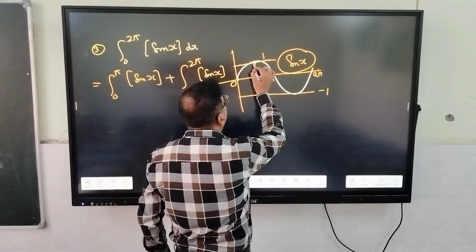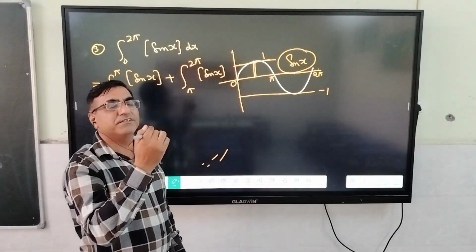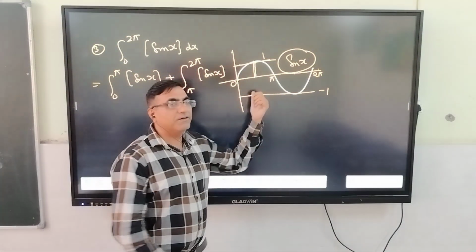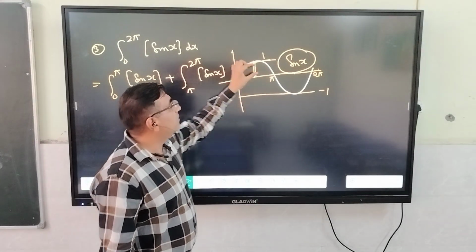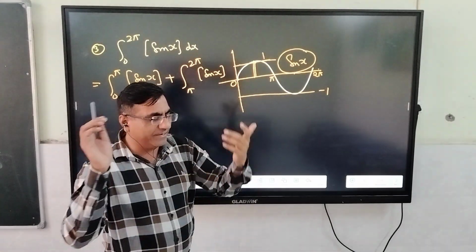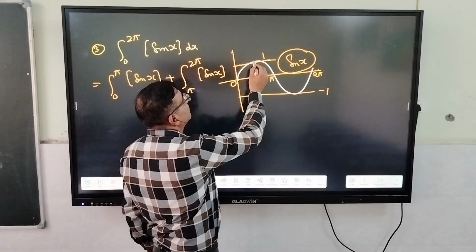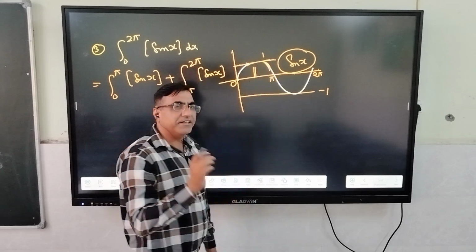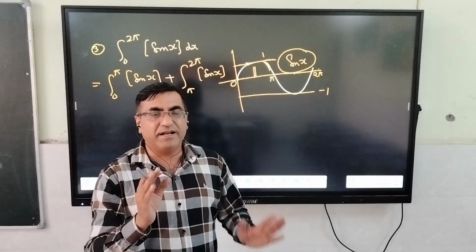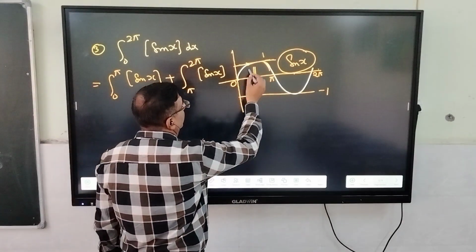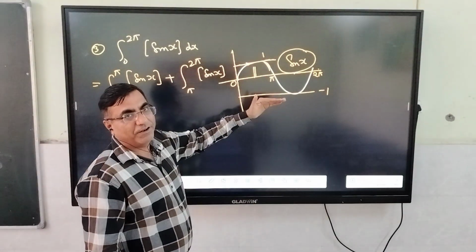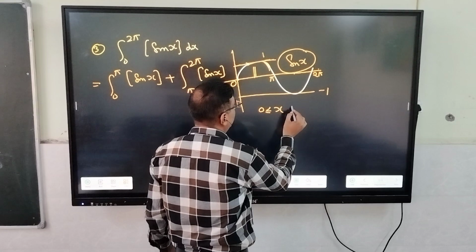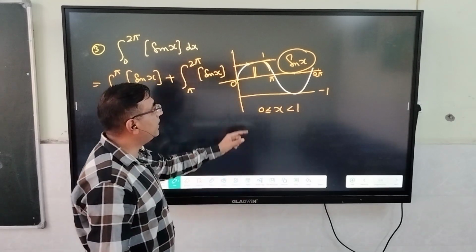If it takes a slight difference from here, pi by 2 minus h or pi by 2 plus h, then within the limit 0 to pi its maximum value is 1, but it touches it only at one point. So at every other point sin x is less than 1.